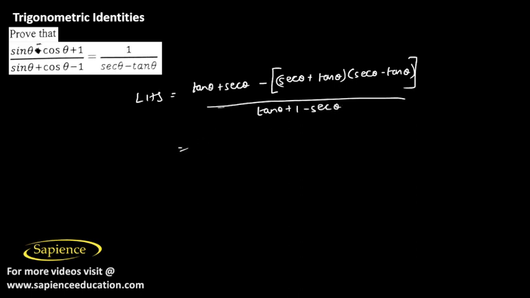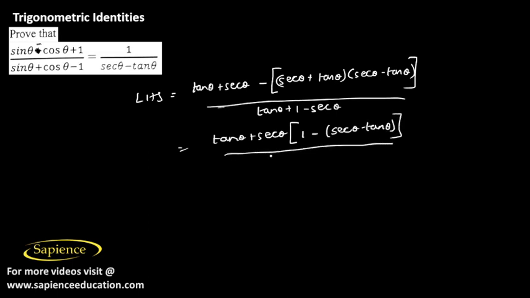Now we can take tan plus secant common outside as it is there in both the terms, so we will get tan theta plus secant theta into 1 minus (secant theta minus tan theta) divided by tan theta plus 1 minus secant theta.